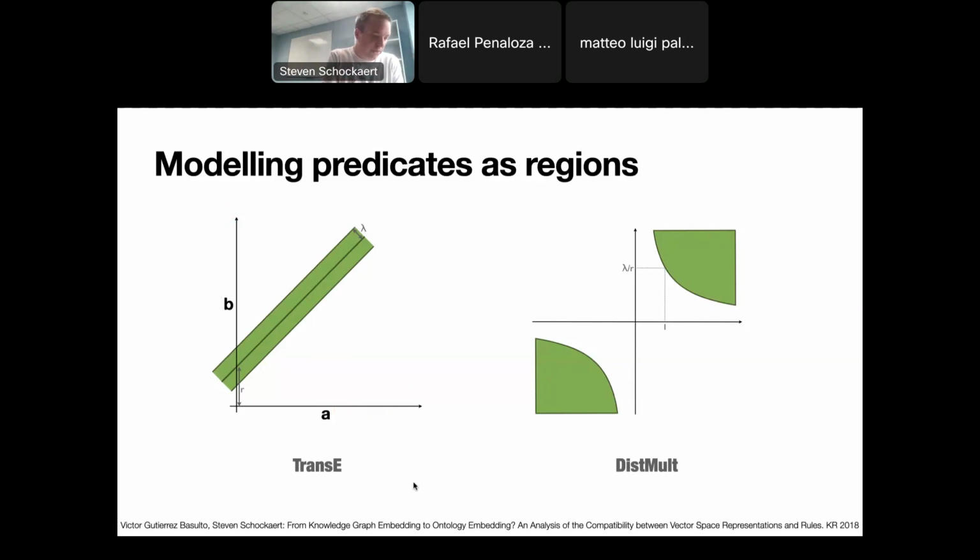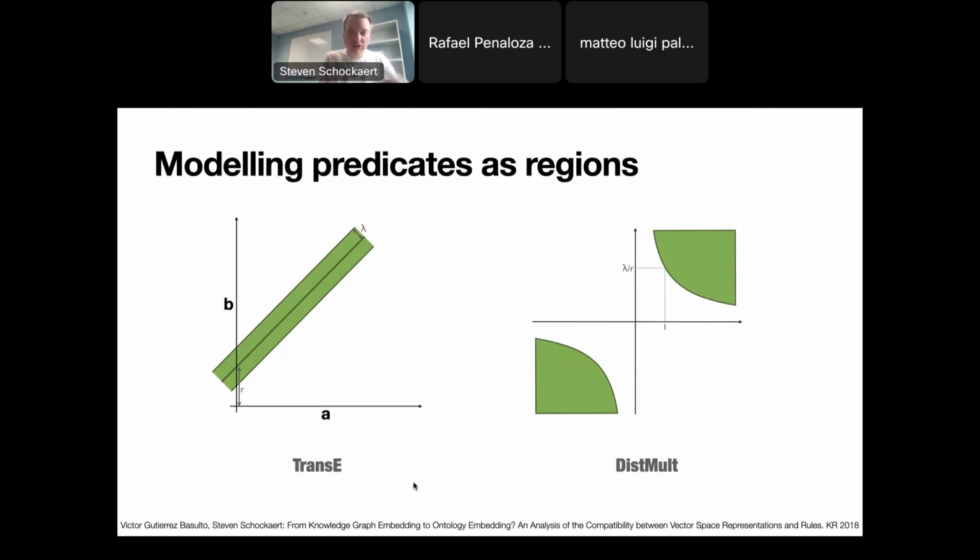So each point in this two-dimensional space is representing a pair of entities, and any pair of entities whose representation is in this green band will be treated as having the relation that's being modeled here, let's call it R, by the TransE model, right?